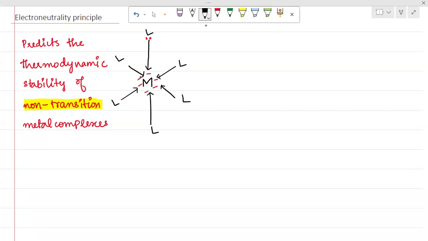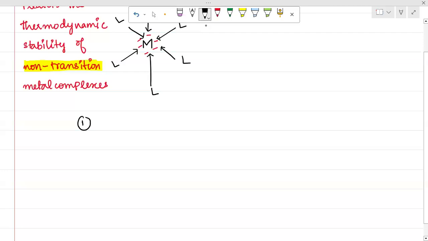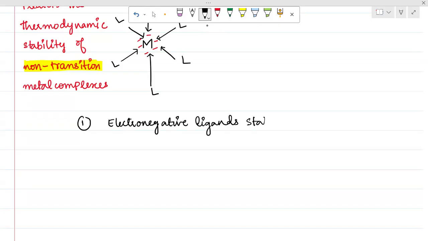Okay, so let me try. The first point, note it down. The first point is: electronegative ligands stabilize the formal charge. So you should know what formal charge is. We'll do that.